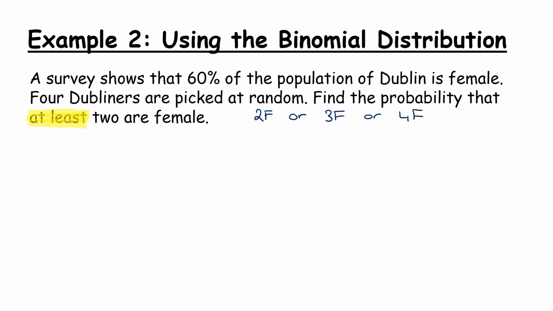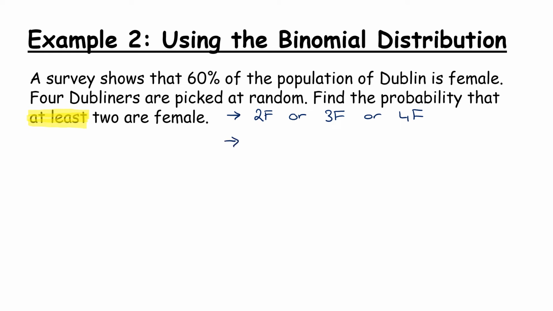Now, I can work that through and say, let's work out the probability of 2 females, 3 females, or 4 females using adding. So OR is adding. Get the probability of picking 2 females, the probability of picking 3 females, and the probability of picking 4 females. The alternative is to find the opposite.